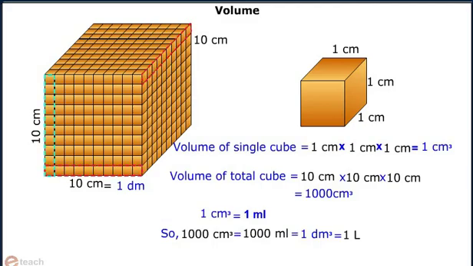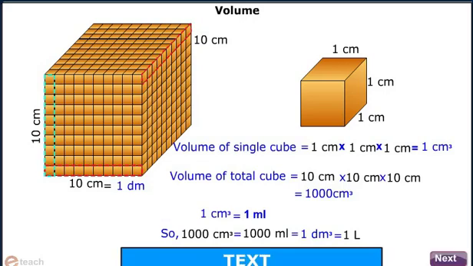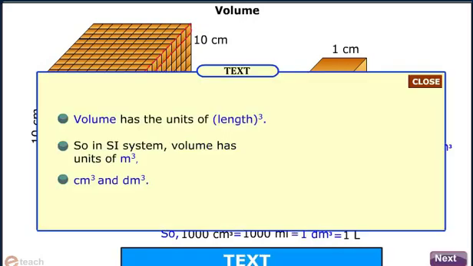So, 1000 centimeter cube equals 1000 milliliter equals 1 decimeter cube equals 1 liter. Volume has the units of length cube. So, in the SI system, volume has units of meter cube, centimeter cube and decimeter cube.